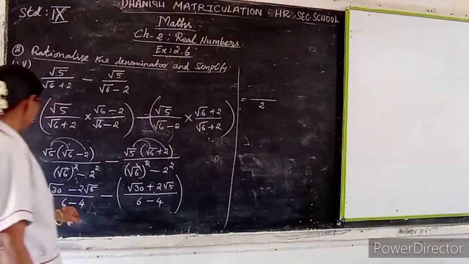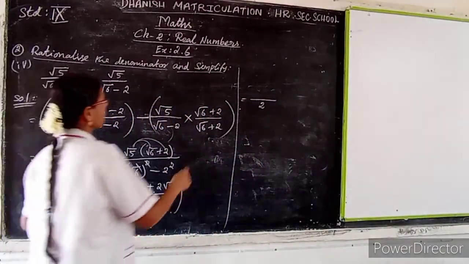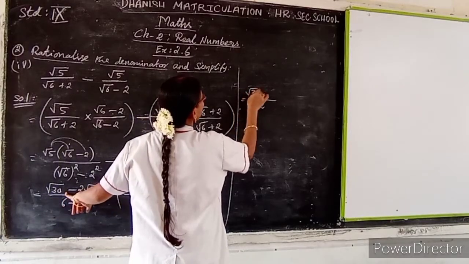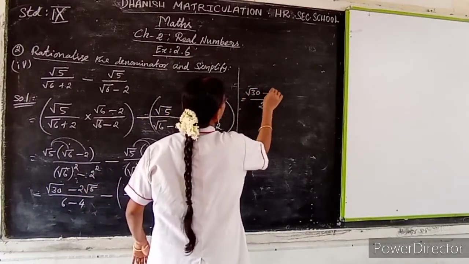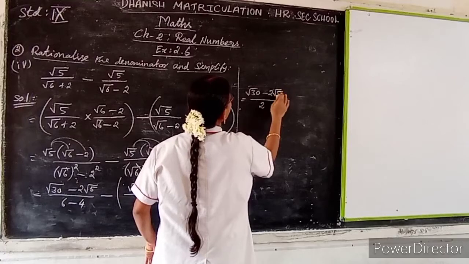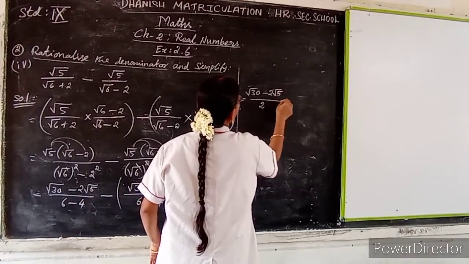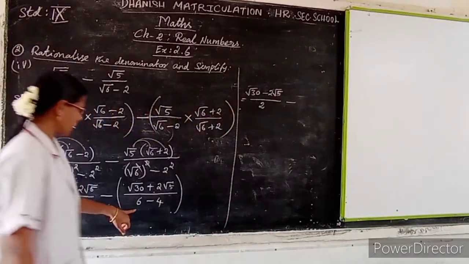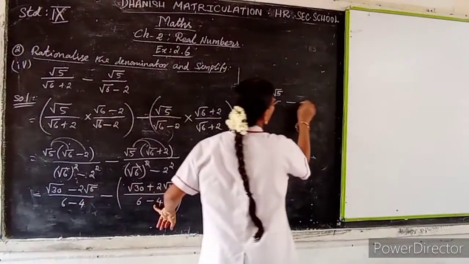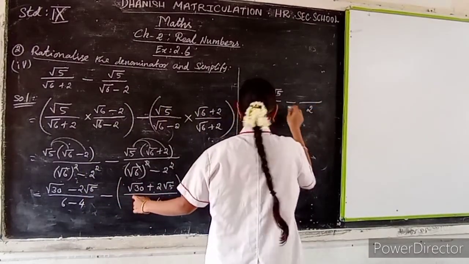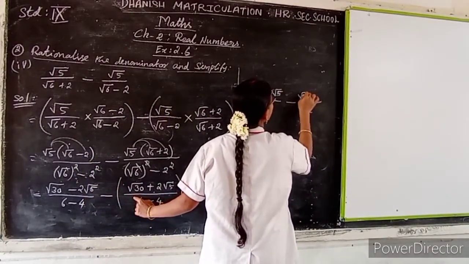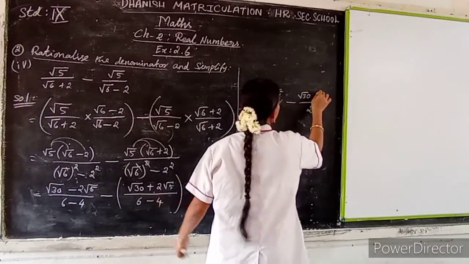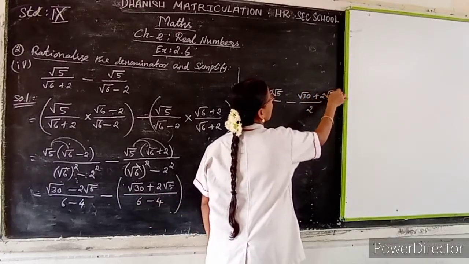What about the numerator? Root 30 minus 2 root 5, minus; here the denominator is 2, numerator root 30 plus 2 root 5.